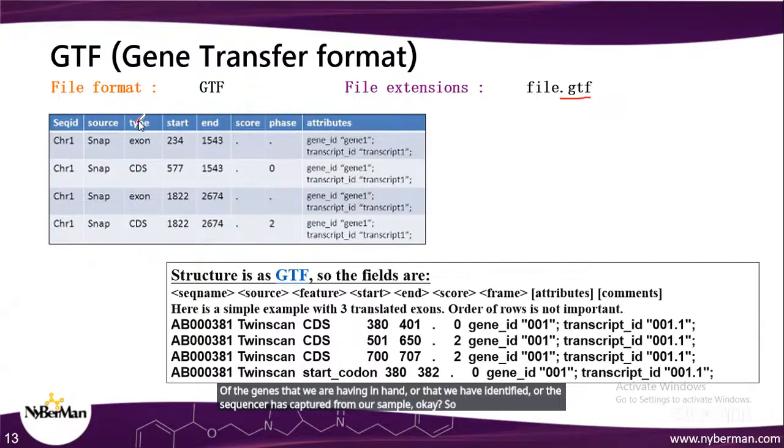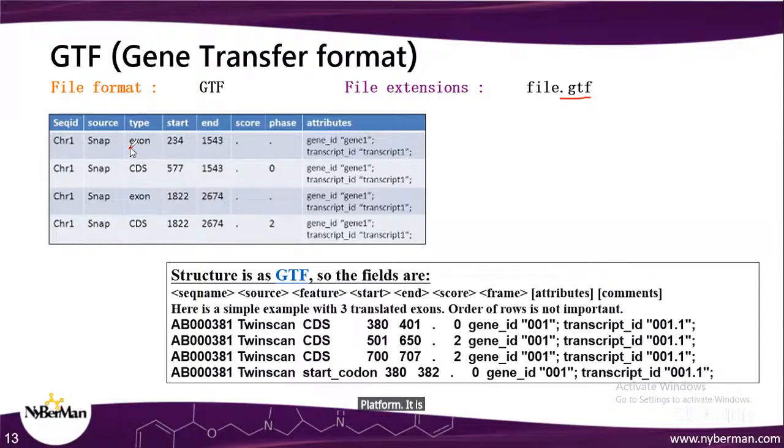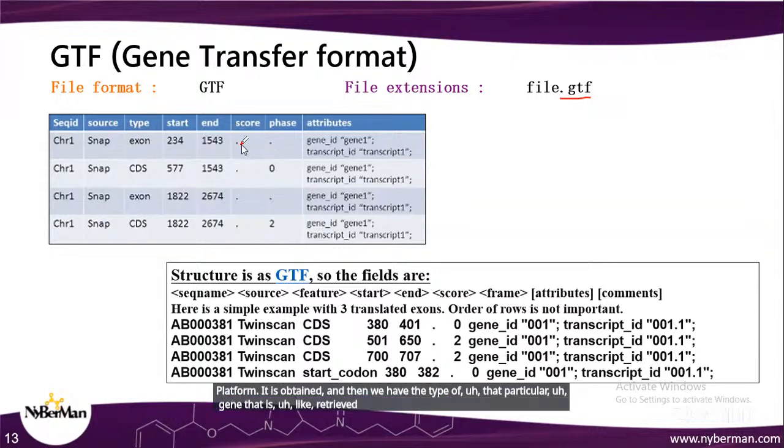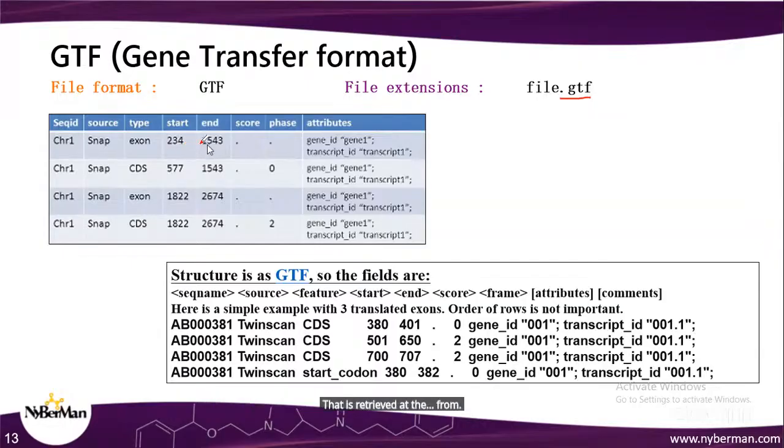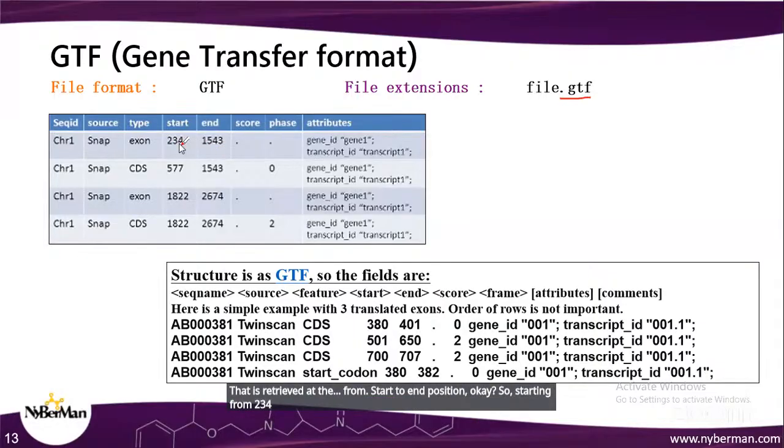We have all the information about the chromosome and the source, from which organism or maybe which platform it is obtained, and then we have the type of that particular gene or the DNA sequence that is retrieved, from the start to end position. So starting from 234 to 1543, that long sequence is captured on chromosome 1 and it falls into the exon category or exon section of that gene.